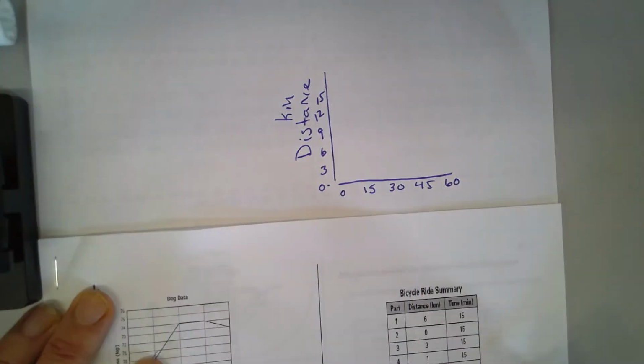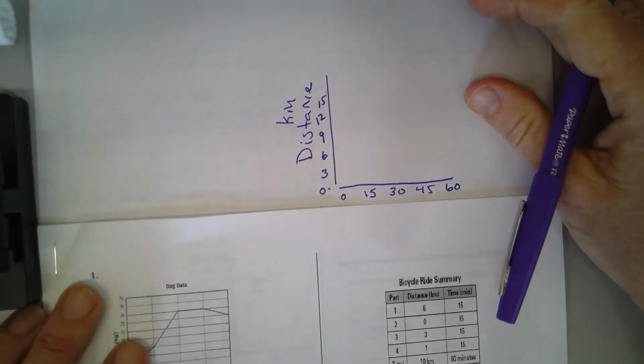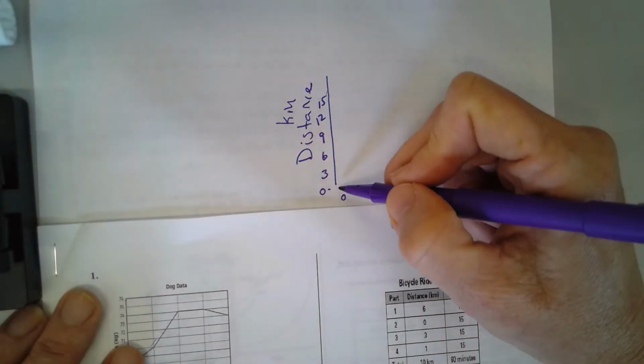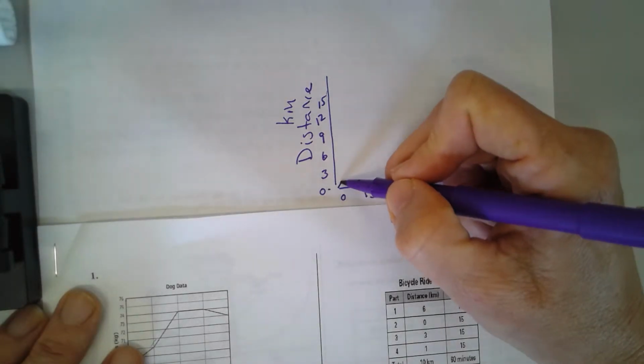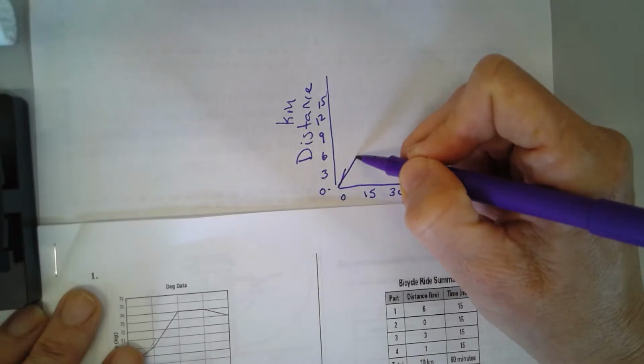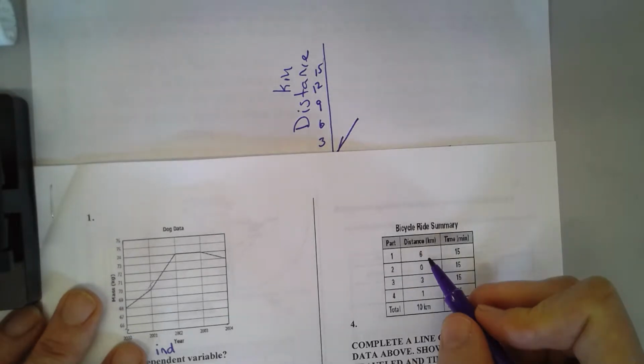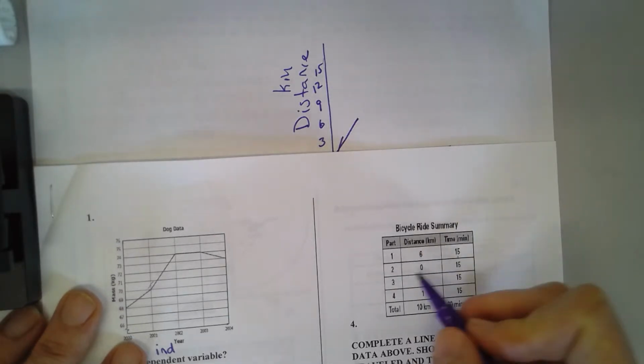In my first part of my ride, I go 6 miles in the first 15 minutes.